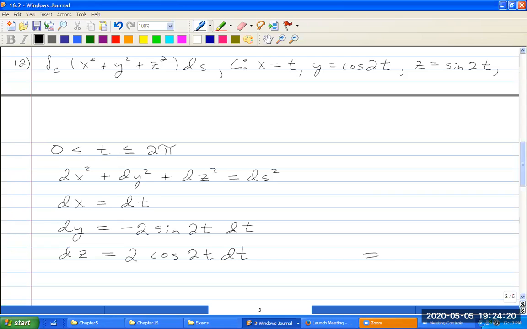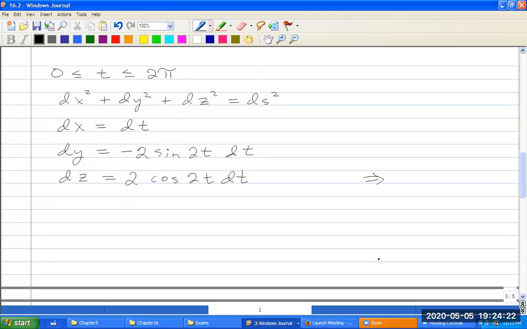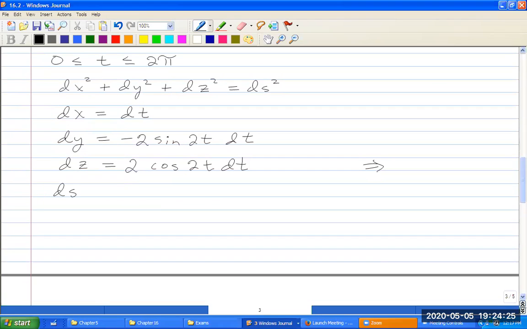And so, given that, I have that ds squared is equal to dt squared plus 4 sine squared 2t dt squared plus 4 cosine squared 2t dt squared.